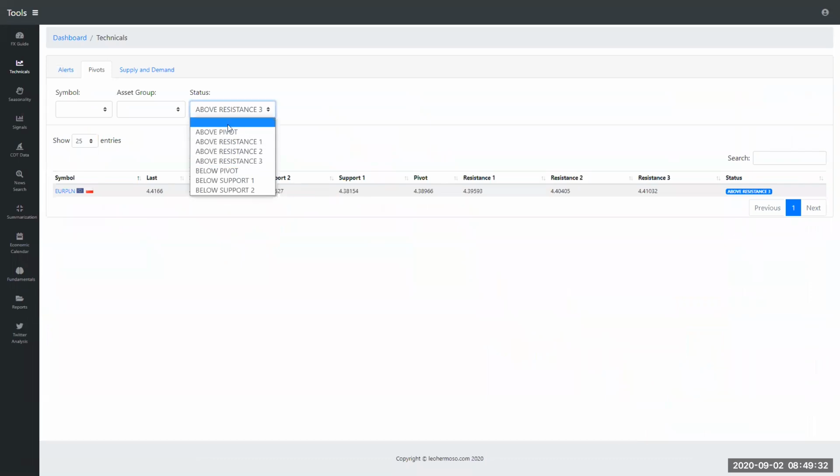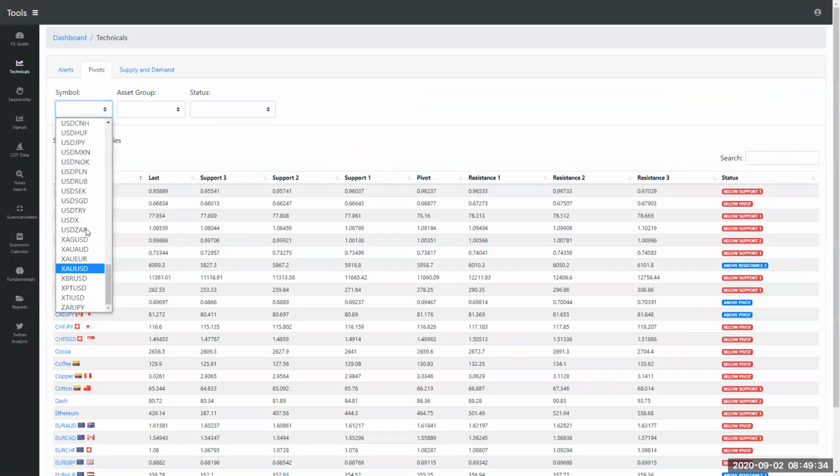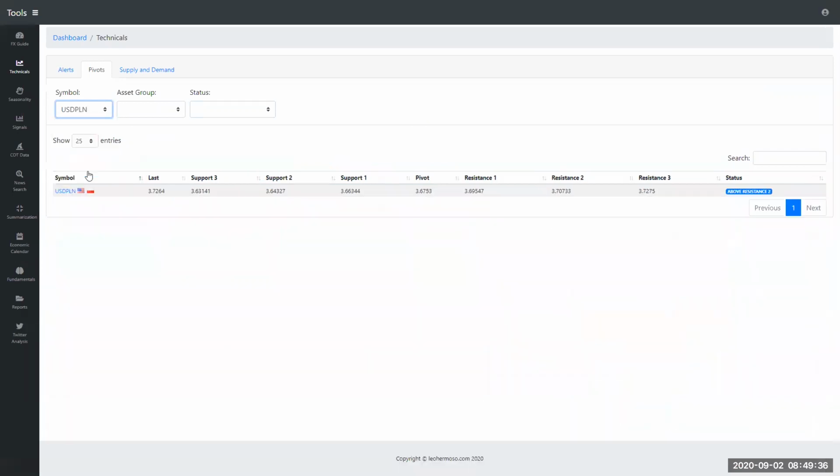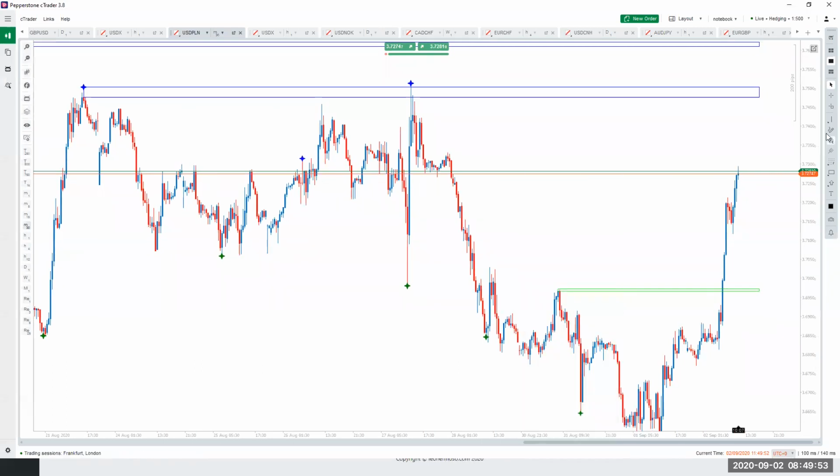Let's go back to USD PLN. Okay, so the R3 is 3.7275, but the previous resistance is 3.7073. So let me draw this line.